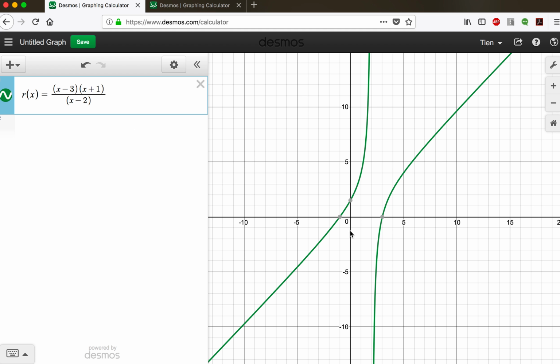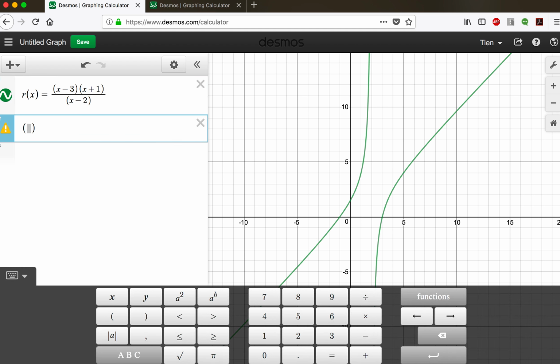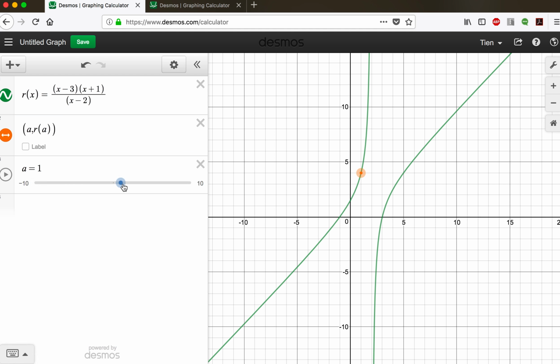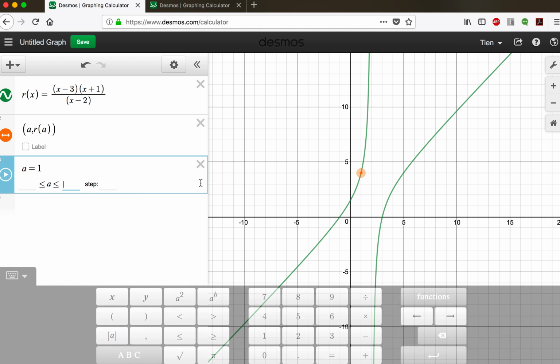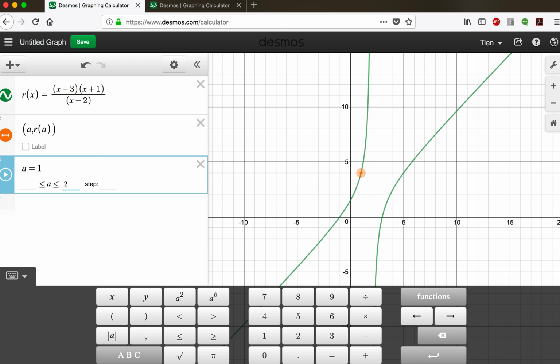So what happens in this case? Well, we notice that if I take numbers slightly before 2, so I'm going to graph the points of A here, and I'm going to make 2 the upper bound of this thing. I'm going to make 1 the lower bound.